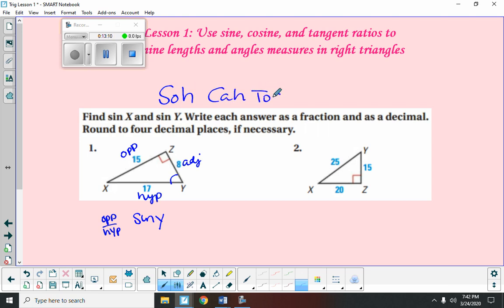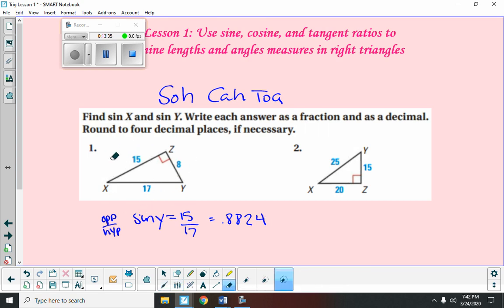SOHCAHTOA. Opposite over hypotenuse. So the opposite of y is 15, and the hypotenuse is 17. And 15 divided by 17 is 0.88235, which rounds to 0.8824. And we'll go ahead and do the other one.